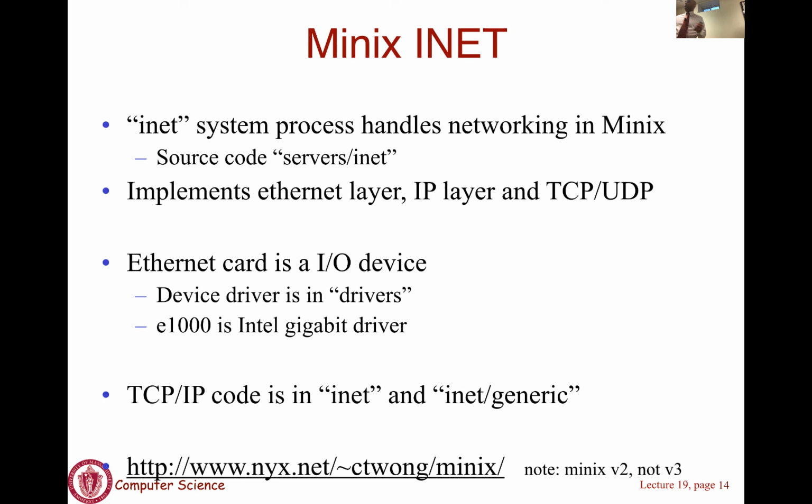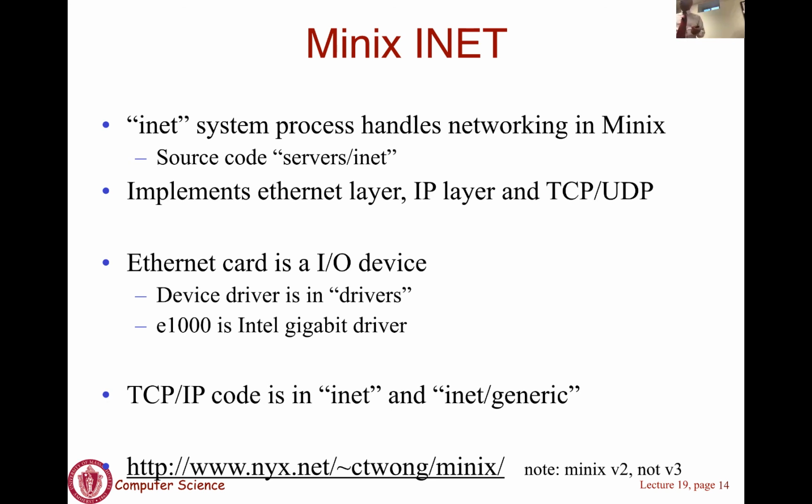Okay. And so the code can be found both in INET and INET/generic directories, and I'm going to show you a little bit of the details, but I encourage you to go and look at this code in the Minix subtree. At the bottom of this slide is a URL for a web page where there is an annotated version of some of the files that are found in the INET directory, with one caveat: those annotations are for Minix version 2, not version 3.